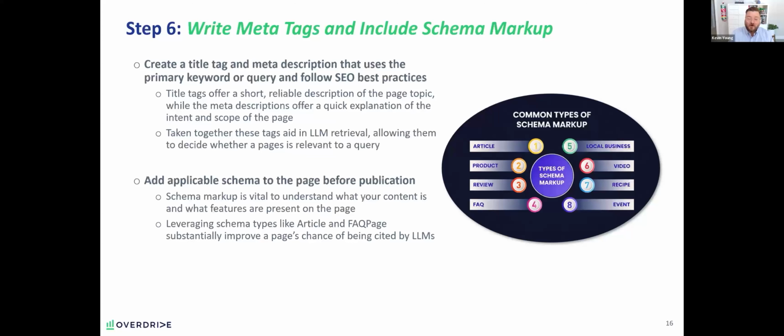And since it's oftentimes this last step before publication, it can often get lost in the forward movement, and it can not get uploaded to the page before it's published. So I think certainly leveraging schema is absolutely a vital step that can't be forgotten.